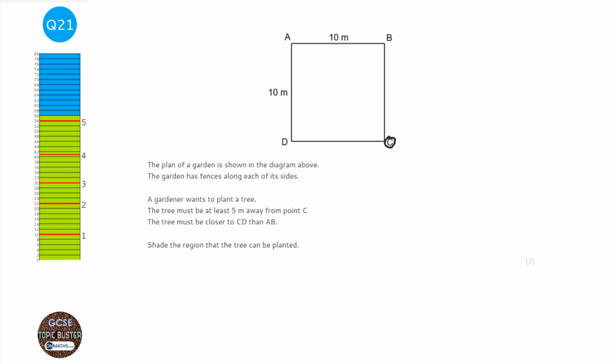So for this one, I'm imagining 1 meter is 1 centimeter. And you would draw a kind of quarter circle with the point of your compass at C, like a quarter circle like that. That's not too bad, although it looks closer to B than it should be. Okay, so that's that first bit sorted.